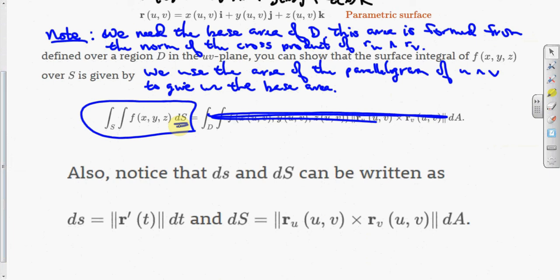So ds, capital DS, becomes in the same format in the previous sections when we dealt with the line integral. I don't know if you recall the line integral.